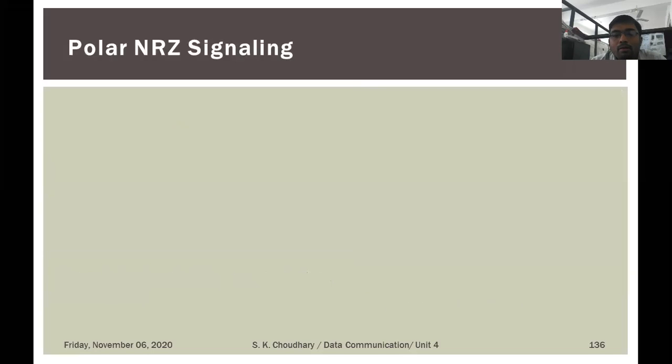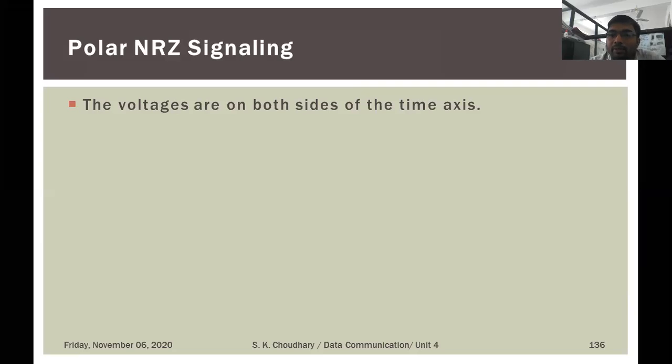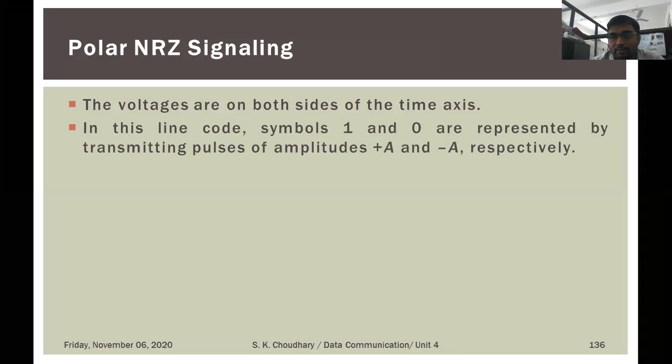Okay, now come to polar NRZ signaling. The third one is polar NRZ signaling. It is a little bit different from unipolar. In unipolar, the signal is only either above or below the reference axis, but here the voltages are on both sides of the time axis because it is called polar.